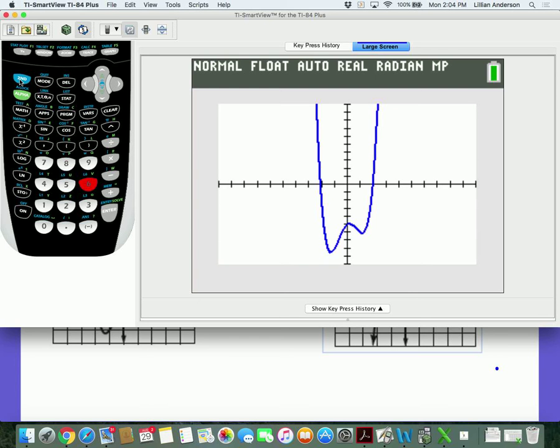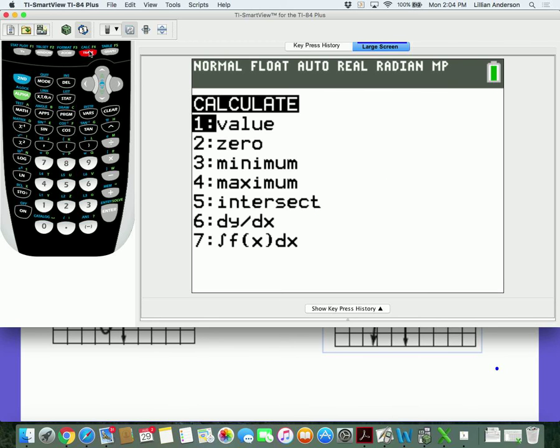So I've got to go to second, what number's the little button? Trace. Second trace, which is the 4th button at the top, allows you to pop up all these different values. Now, last class we did zero and we did intersect, I think. But you see how there's max and min there? That's what we use those options for. So we're looking for a min, right?